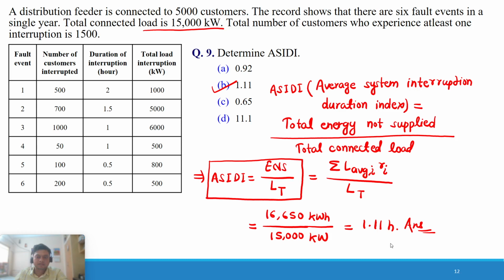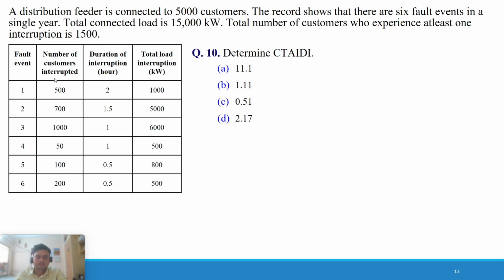So now let us see the last problem of today's session. In the last problem, we have to determine the customer total average interruption duration index, CTAIDI.